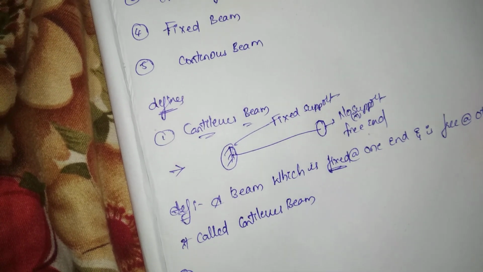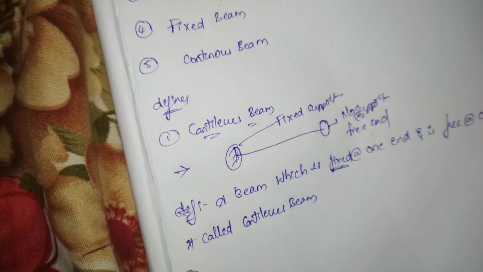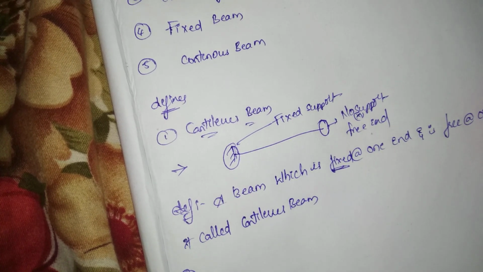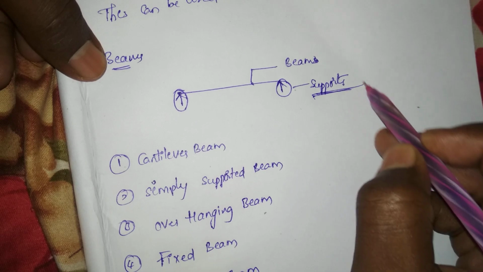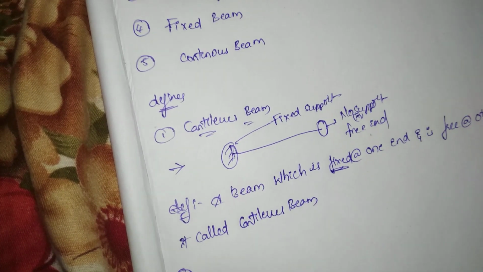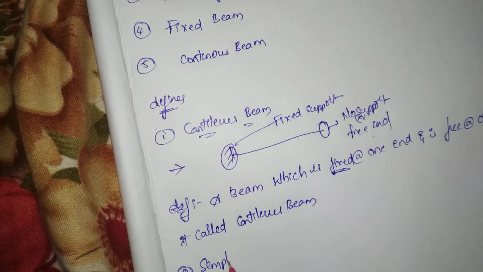Number 2, simply supported beam. This is a beam which is resting on two simple supports.